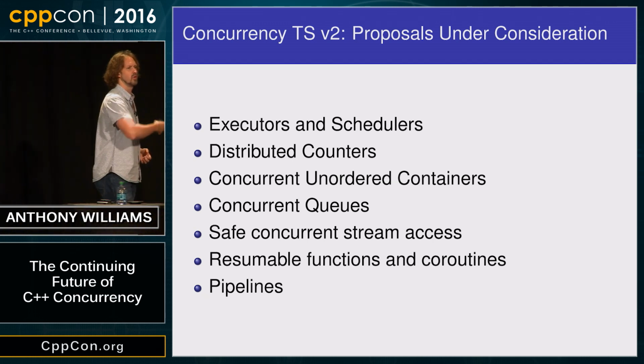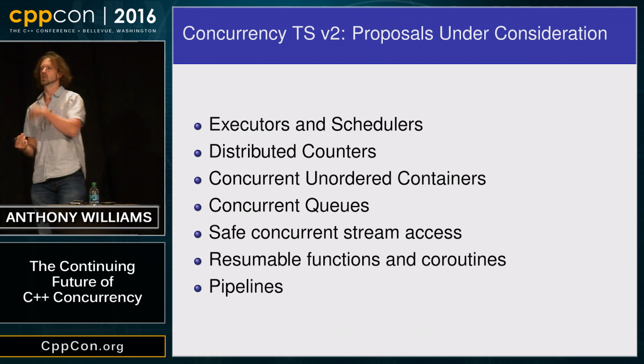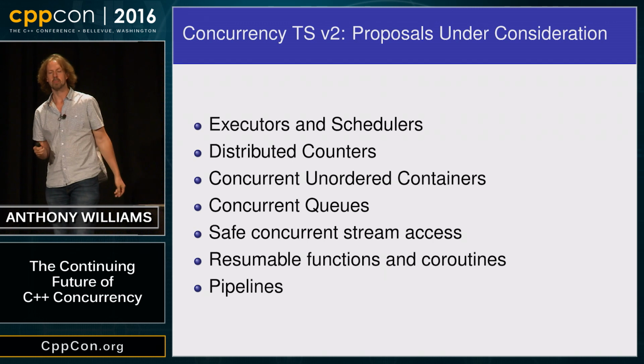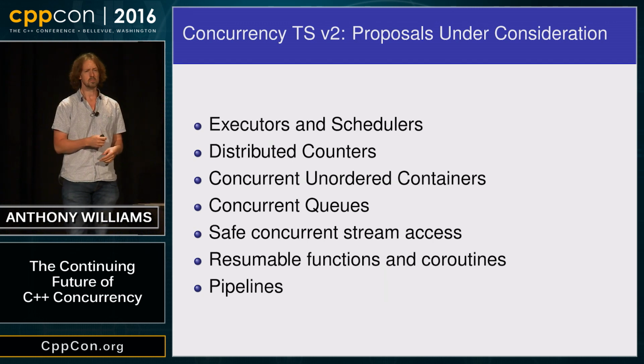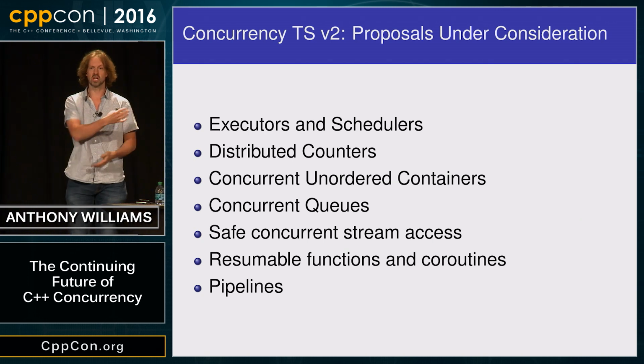Also, we've got proposals for concurrent unordered containers. So in the standard at the moment, we've got unordered map and unordered set. And there are proposals to provide concurrent versions of those so that you can do your table lookups.